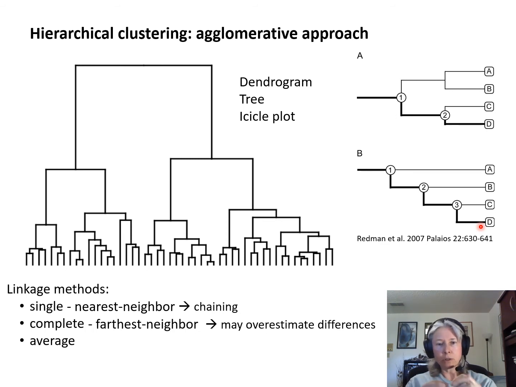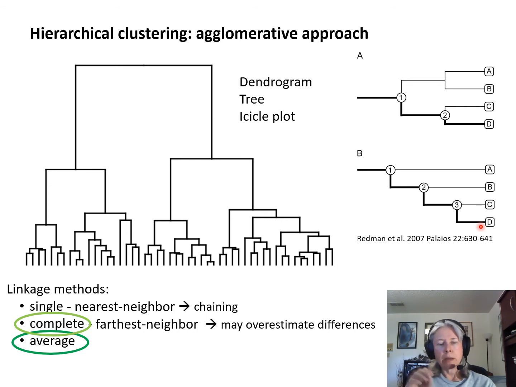So single linkage can underemphasize differences, and complete linkage can overestimate differences. And so as a consequence, average linkage methods are the ones that are generally used, especially in ecology, followed somewhat by complete linkage methods, and then single linkage methods are generally not recommended.